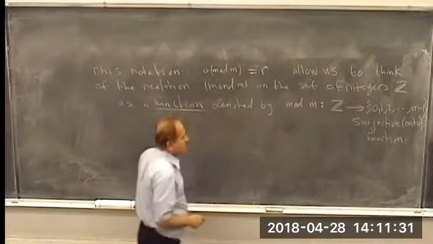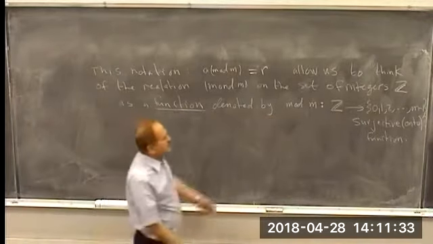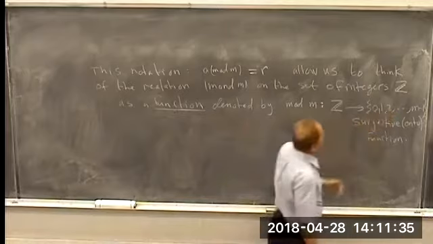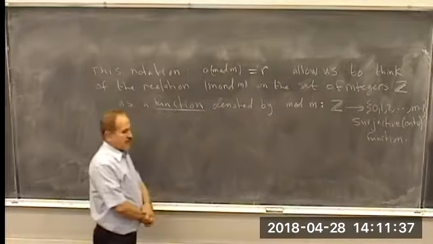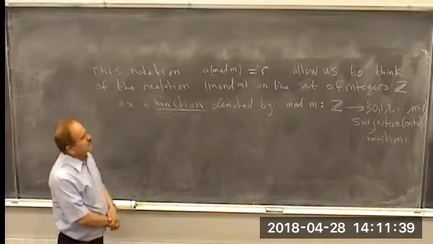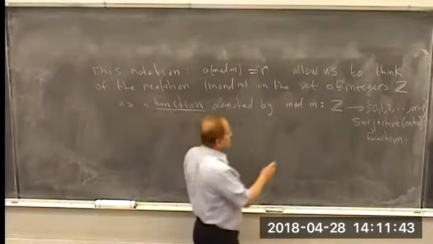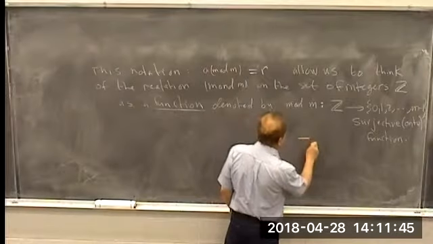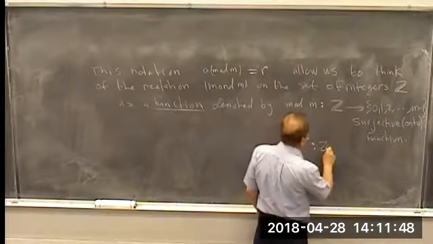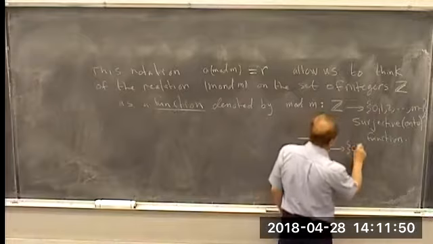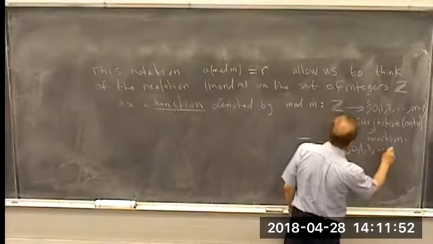So it assigns to every integer the remainder that integer has when we divide it by M. Another notation we use for this is this bar, from Z to 0, 1, 2, up to M minus 1.